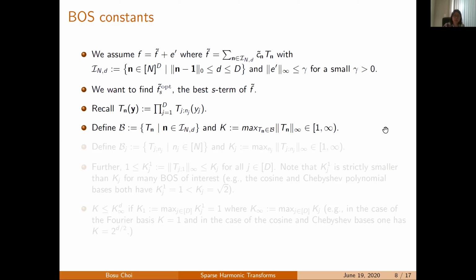Then to estimate the size of this, we need additional definitions. Here, this Bj is a collection of one-dimensional bounded orthonormal polynomials. And this is another bounded orthonormal system, so we can define Kj, another bounded orthonormal constant.